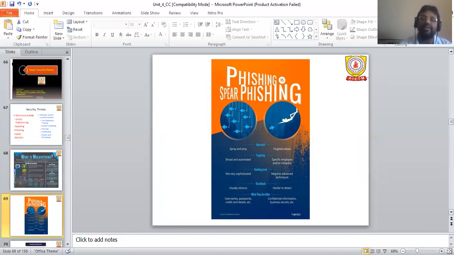Phishing generally happens at the end user's end, where the attacker tries to fetch sensitive information and make certain changes and modifications to the system or the user's computer. It is a targeted attack and harder to detect.